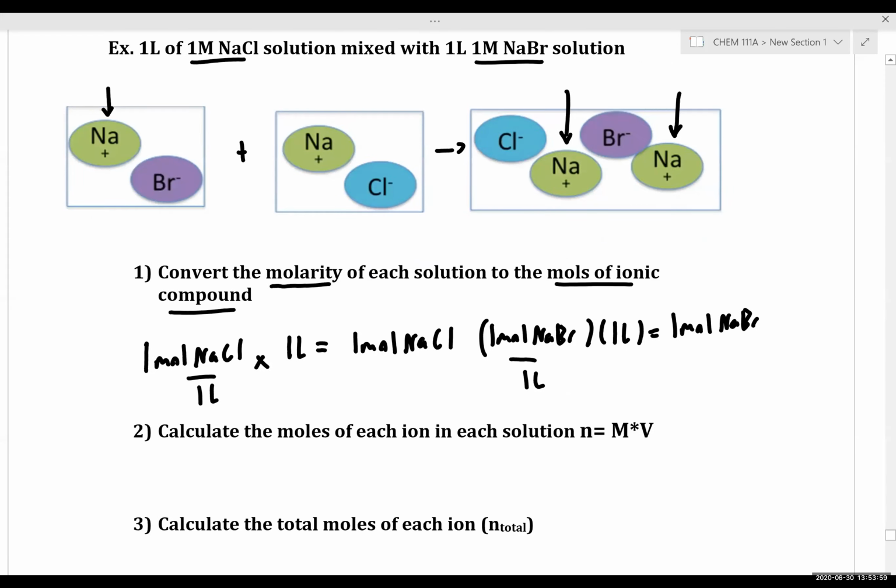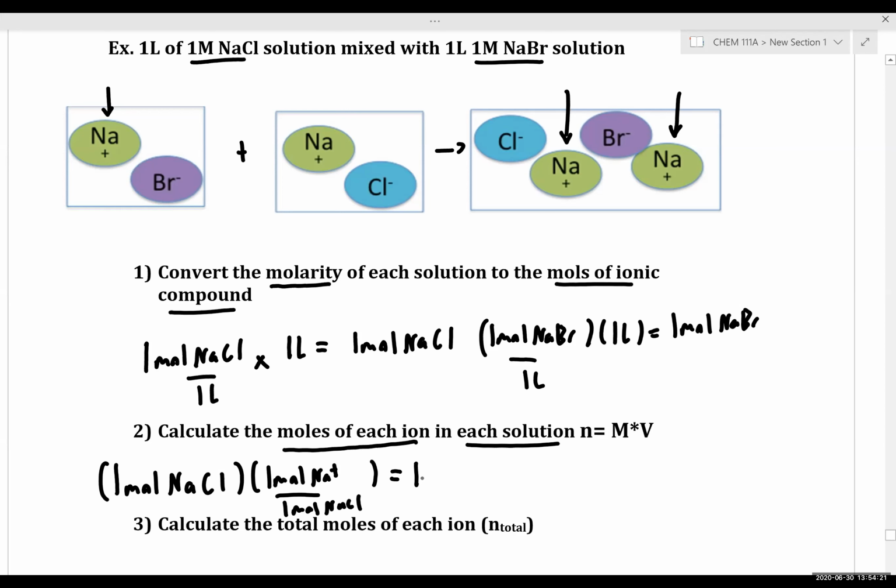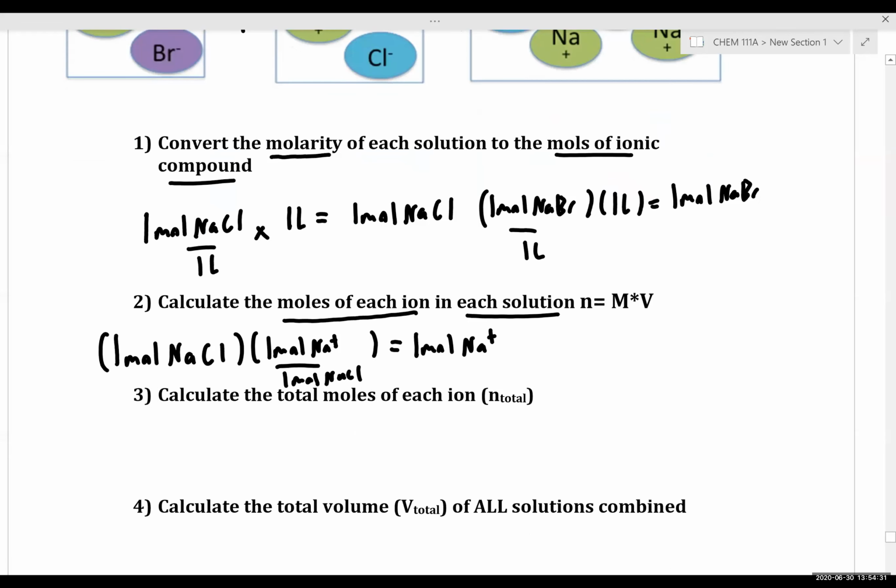Okay, now we need to calculate the moles of each ion in each solution. We know that in 1 mole of sodium chloride, we have 1 mole of sodium plus per 1 mole of sodium chloride. That gives us 1 mole of sodium plus. That would be an example.